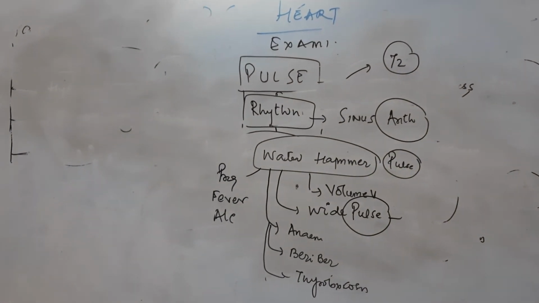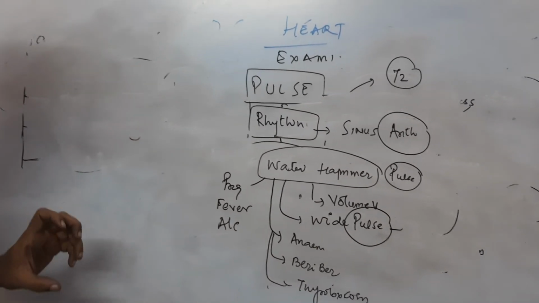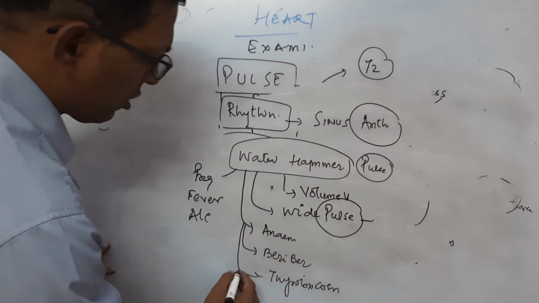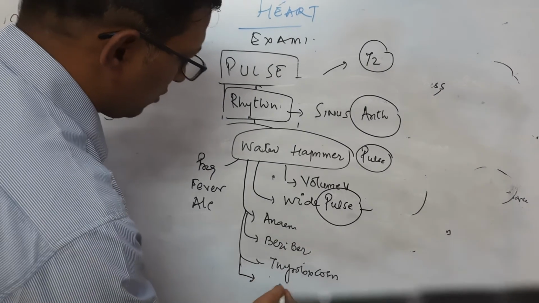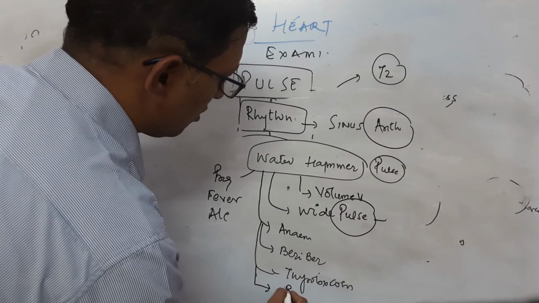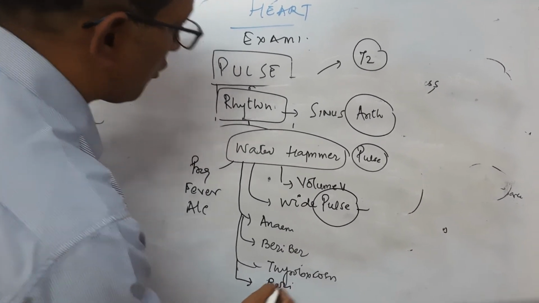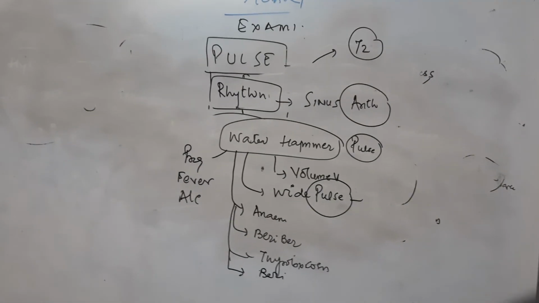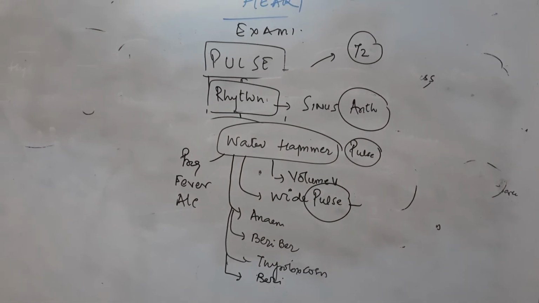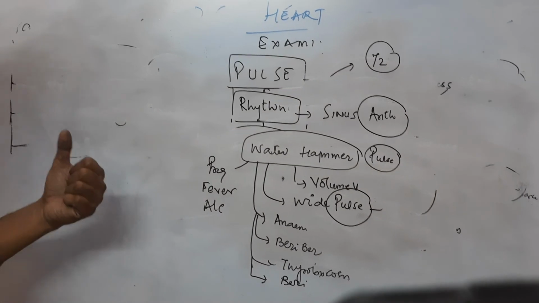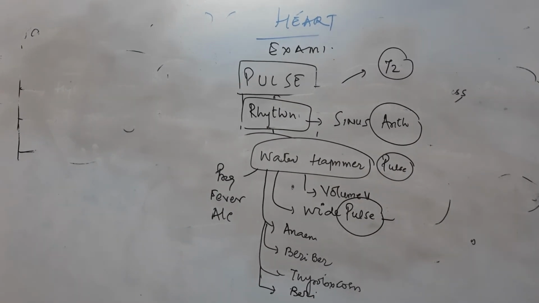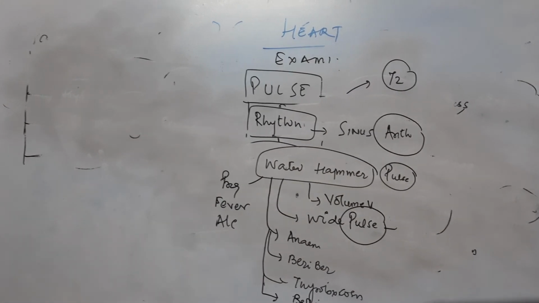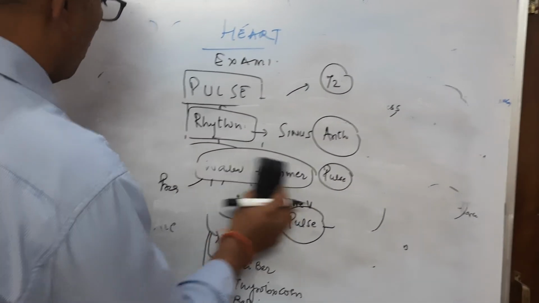Here you find wide pulse pressure, and even in cirrhosis of liver you find wide pulse pressure. So these are the places where you find the wide pulse pressure and the water hammer. Now when I talk about the pulse pressure, what is this pulse pressure?